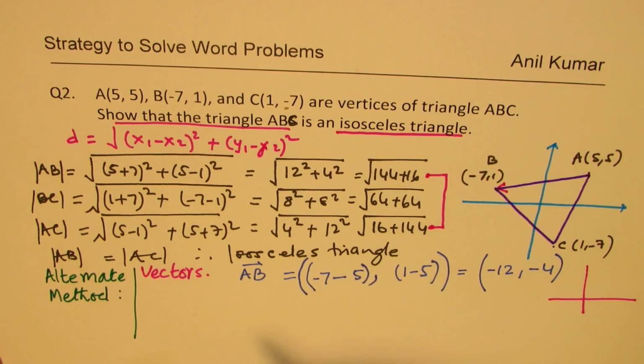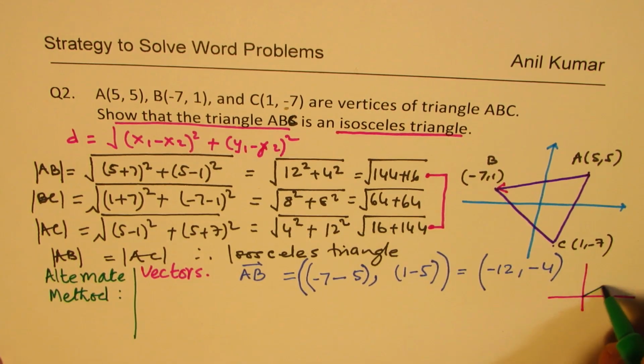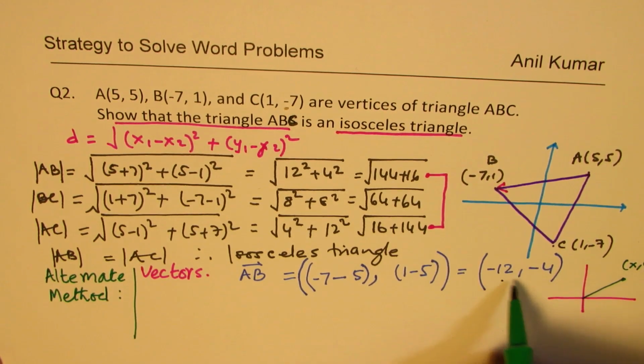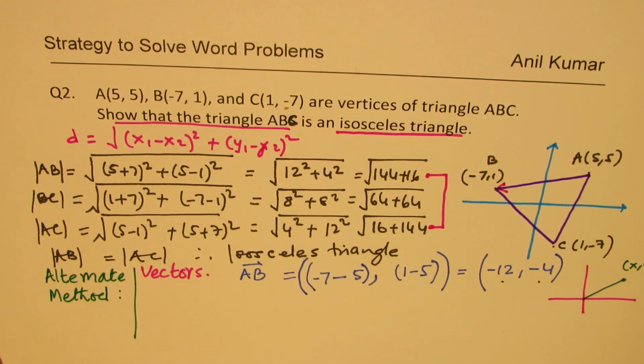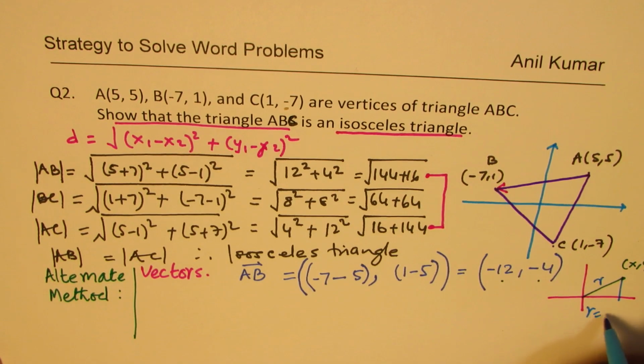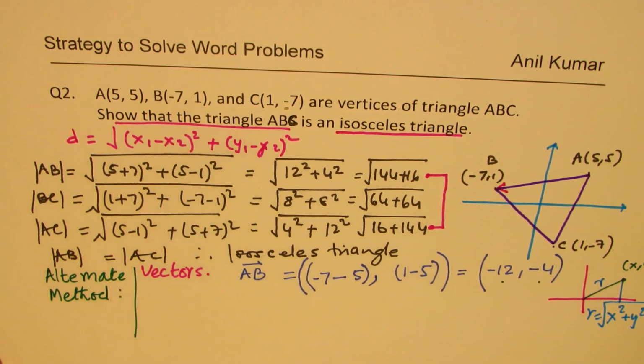For those who are new to vectors, let me just give you one. If I have a point (x, y), which we have now, the distance is how much? R. Well, R will be the square root of x square plus y square, correct? That's how you find the distance. That is your distance formula basically, right?